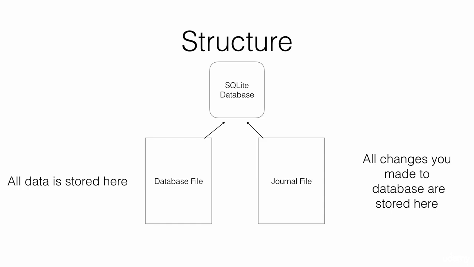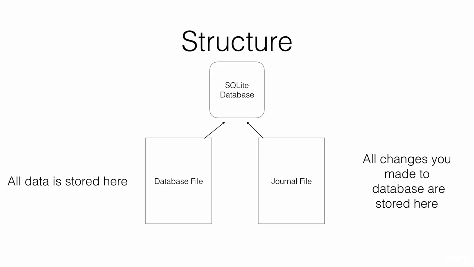That value gets stored in the database file, and the log of that operation, that is, writing to the database file, gets stored in the journal file. The next time you make some changes to the database file, those changes are recorded in the journal file. So the journal file keeps track of everything you do with the database. This is how the database is structured.